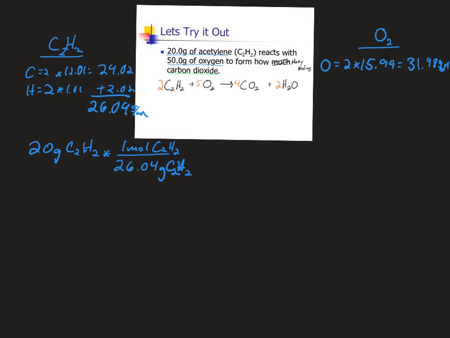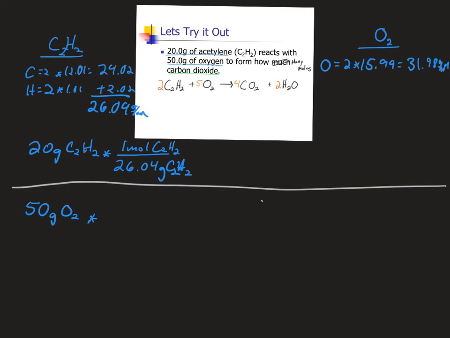At the same time, I can also calculate out the moles of oxygen given the amount of grams of oxygen, again, at the same time. Now, I'm going to split these here to help me visually split them.